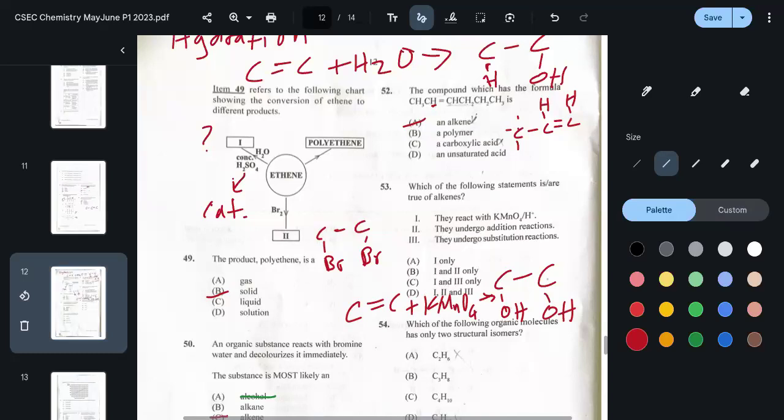So it's oxidation of alkenes. Alcohols and alkenes are oxidized by potassium permanganate. So one is correct. How about two? They undergo addition reactions. Is that correct? Yes. They undergo substitution reaction. Is that correct?